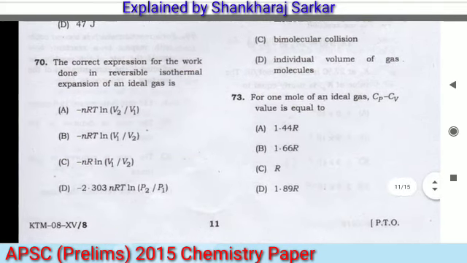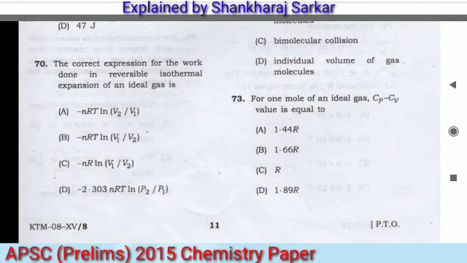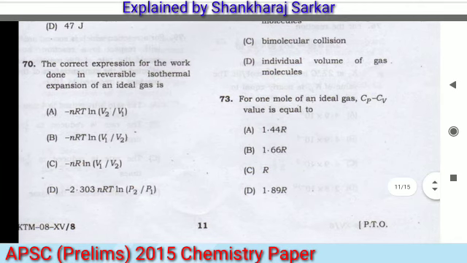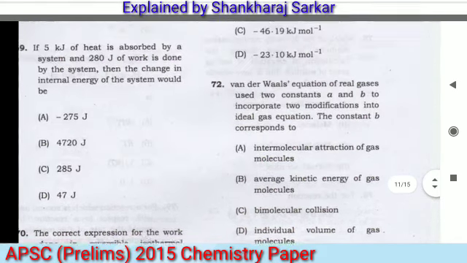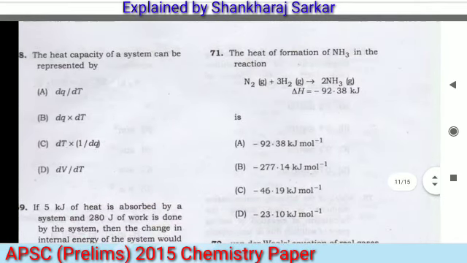Next question, the correct expression for the work done in reversible isothermal expansion of an ideal gas is, so since it is an isothermal expansion, so there will be a negative sign, and here option A, minus nRT ln V2 by V1, is the correct option. You have to know the formulas of class 11-12 books because these are very important for this kind of exams. Next question, the heat of formation of ammonia in the reaction.